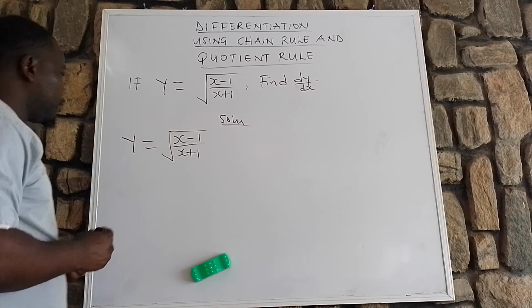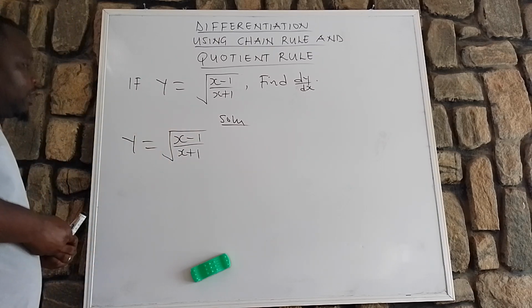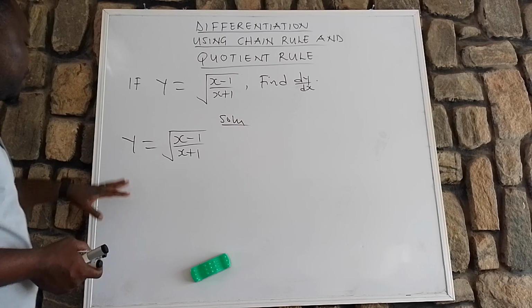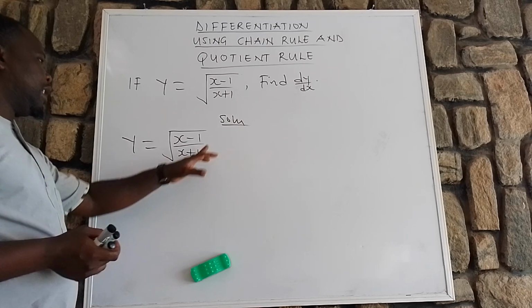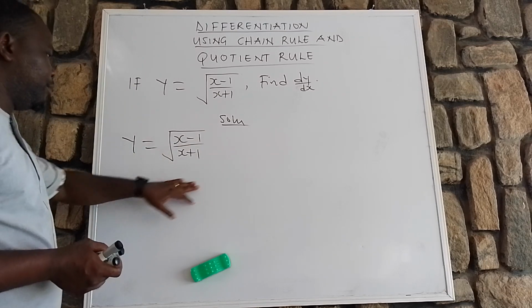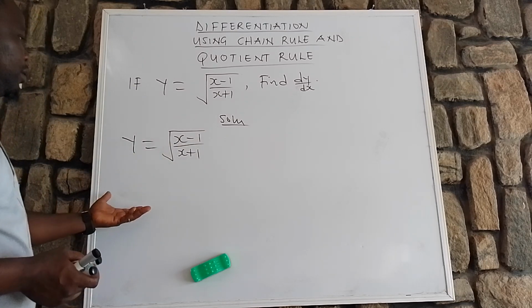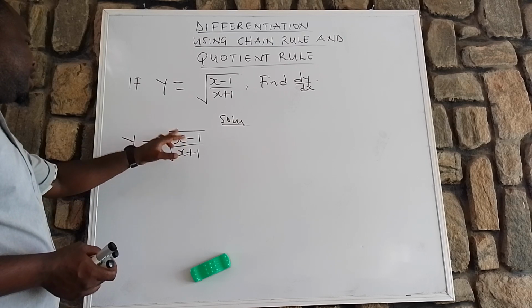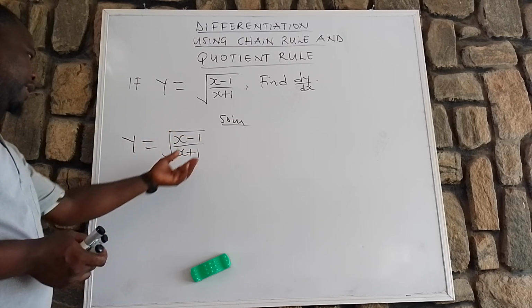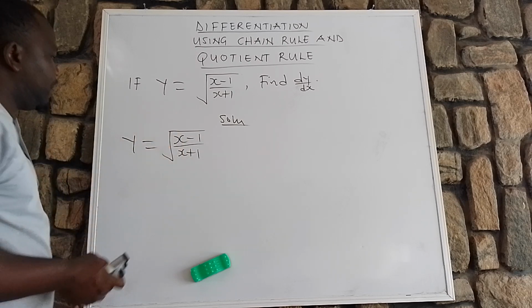This is the function. Looking at it, it is a very simple function to differentiate, but I know very well that people will find it difficult. Why? Because we have a square root, and inside the square root we have a function dividing another function.